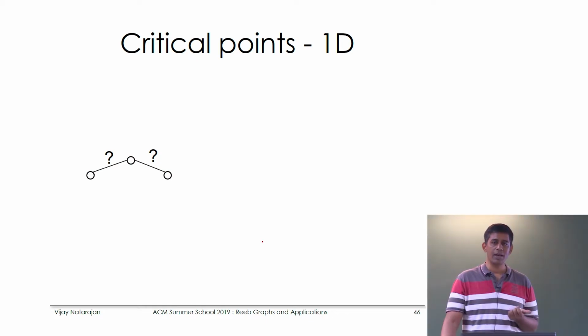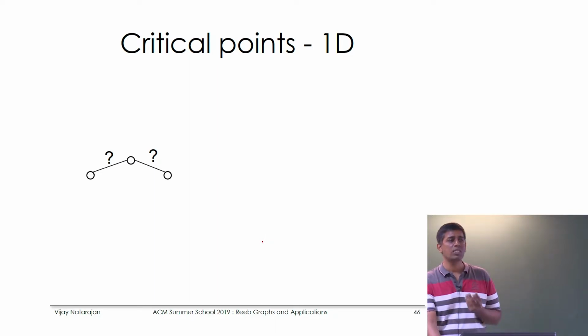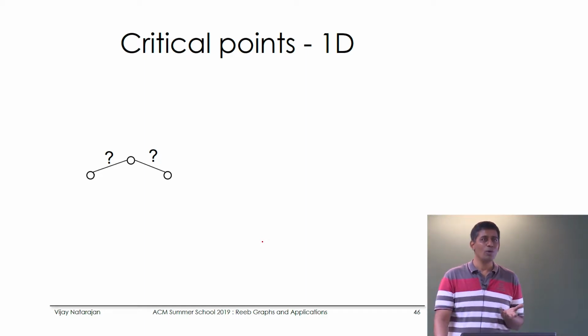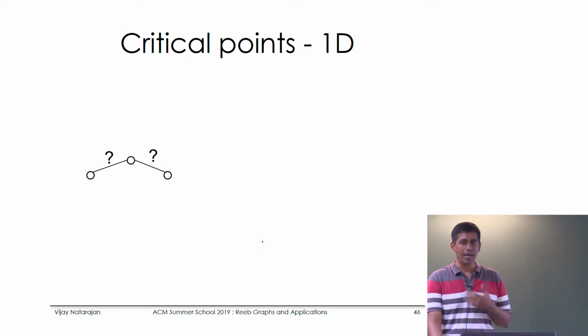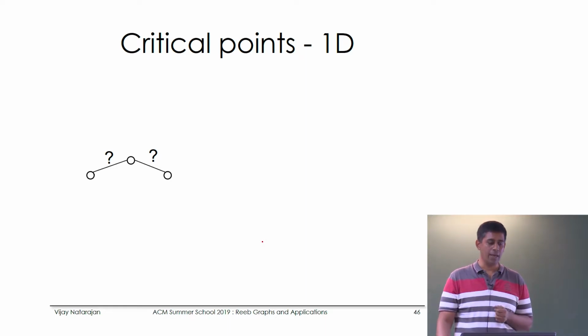The first is critical points, no gradients anymore. Even before we talk about critical points, what is a neighborhood? Remember, when we talked about critical points, we were talking about pushing in one direction and so on. So, what is a neighborhood? Who is my neighbor? That already has to be defined explicitly.